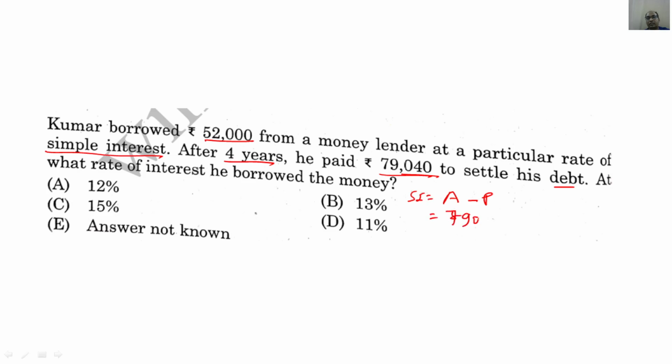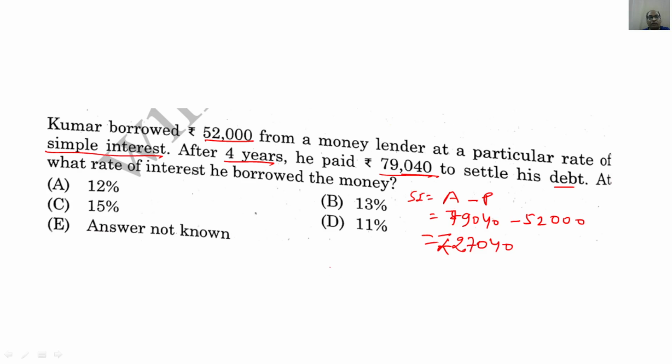79,040 minus 52,000. So this is giving us 27,040. Okay, so 27040 is the amount, rupees 27040. Fine.